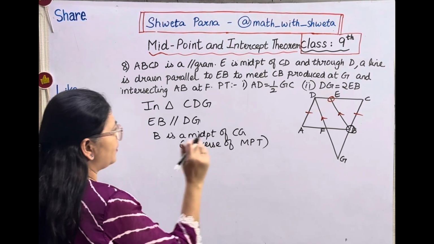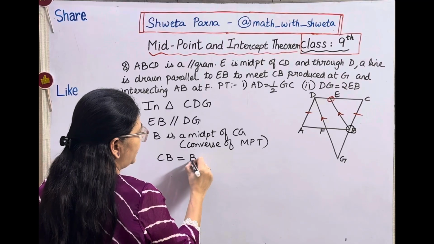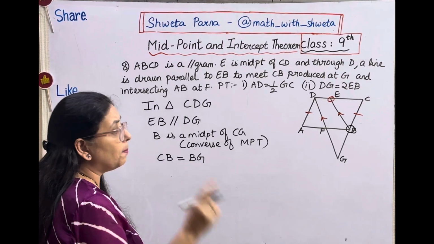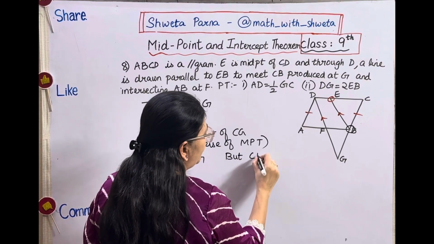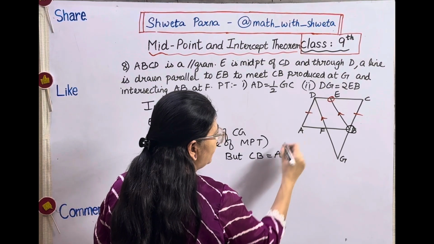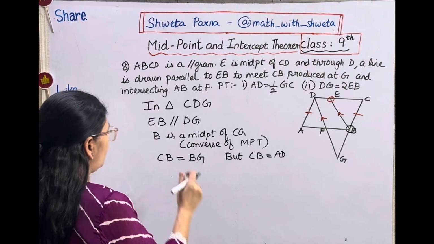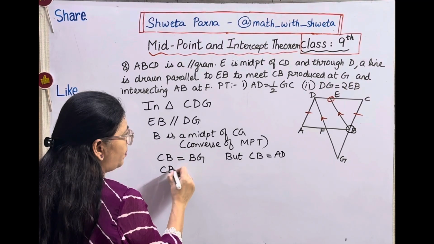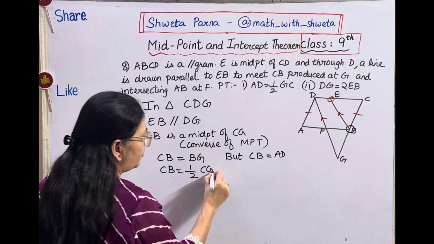Now you got this is also a midpoint. Okay. Now if it is a midpoint, that means CB is equal to BG since it is a midpoint. But CB is equal to AD since opposite sides of a parallelogram are equal. So we can say that CB is half of CG.